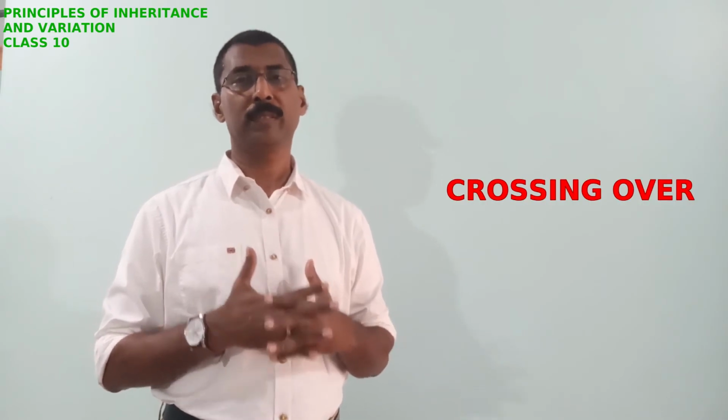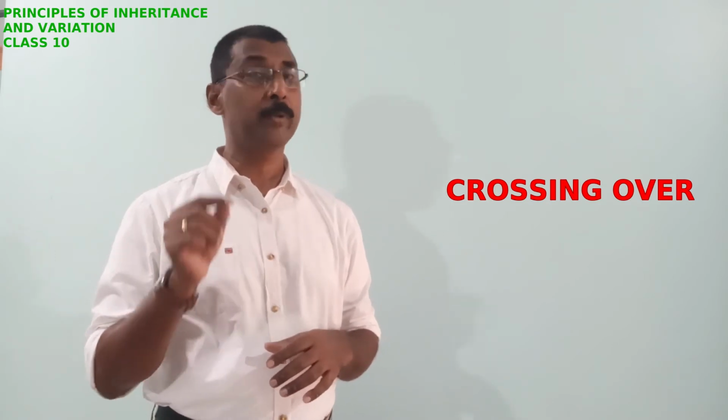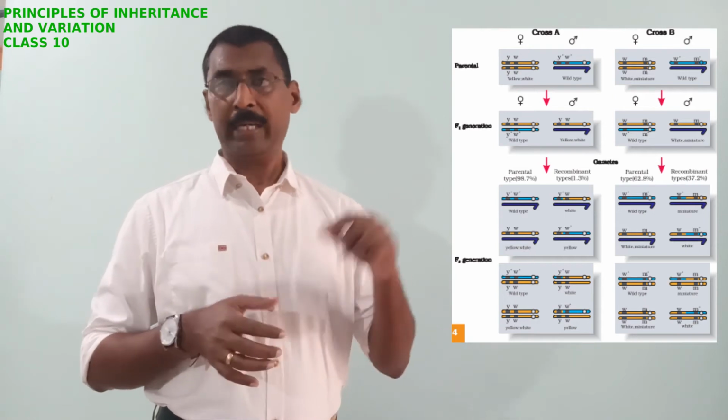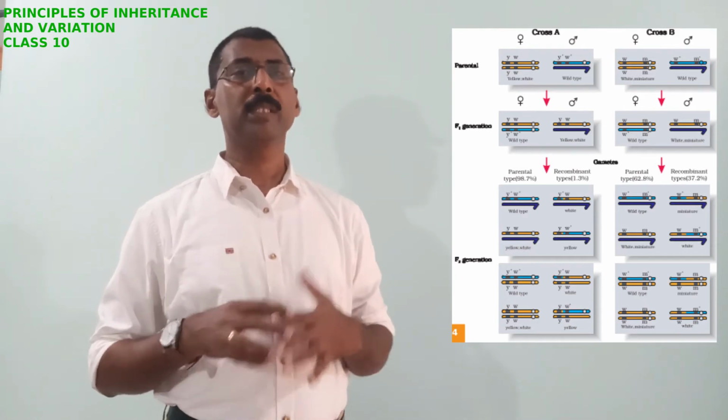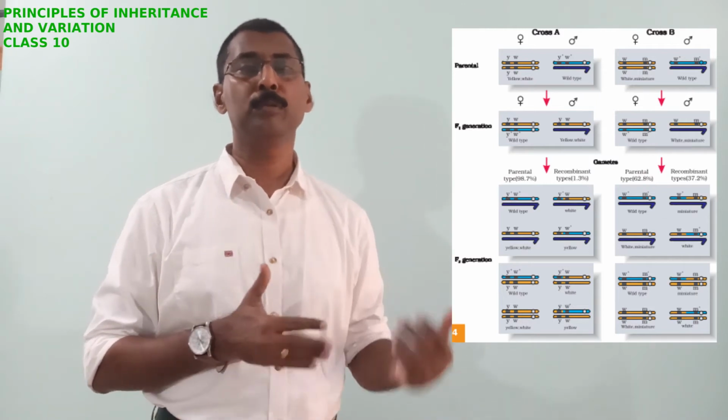We should remember that in cross A, the parental combination percentage is 98.3% and recombination percentage 1.3%. And in cross B, the parental combination percentage is 68.8% and recombination percentage is 37.2%.